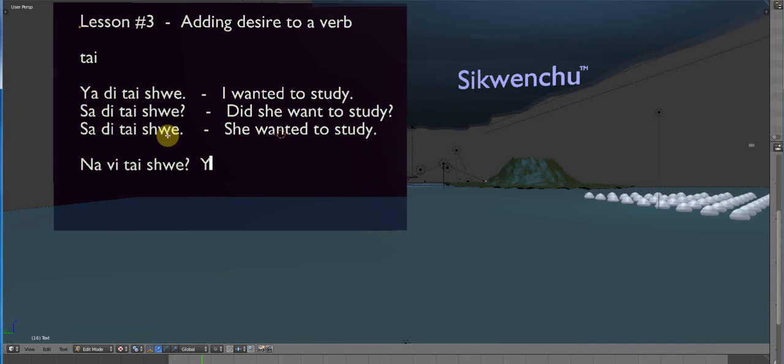Ya vi tai shue. I have wanted to study. As you learn these simple structures, remember, we never forget the others.